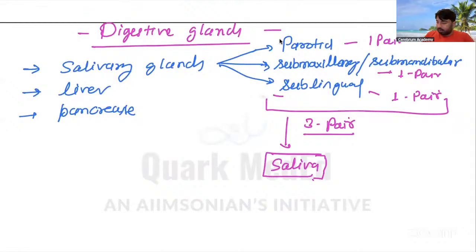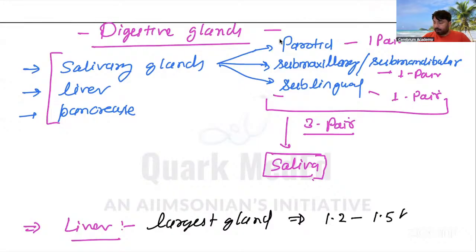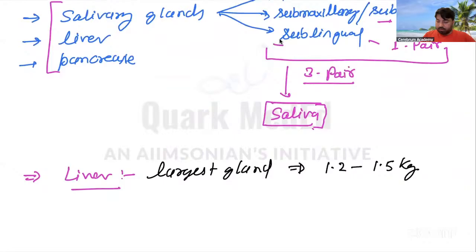Next point. Liver is the largest gland of the body. You know how much is the weight of the liver? It is around 1.2 to 1.5 kilogram. Next point.